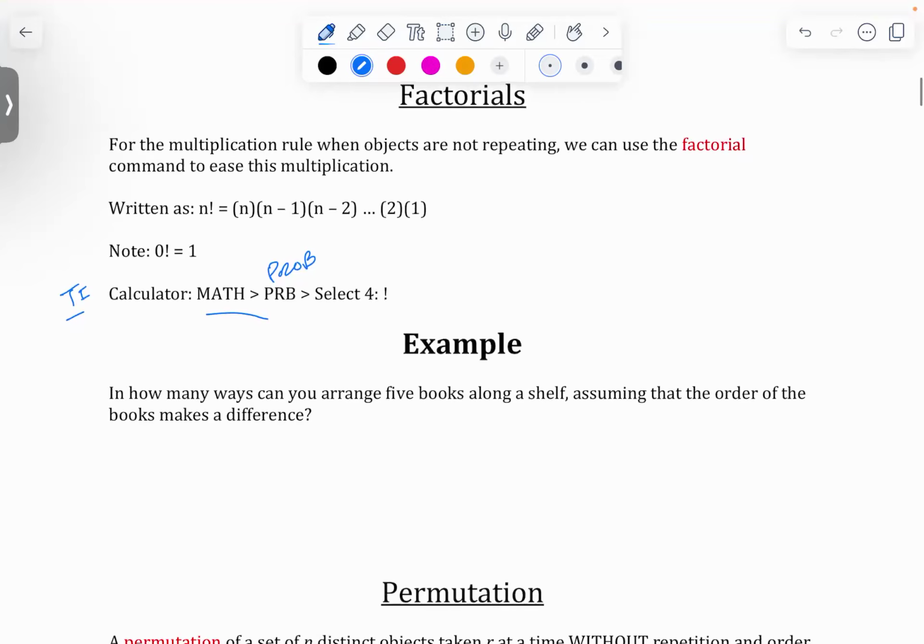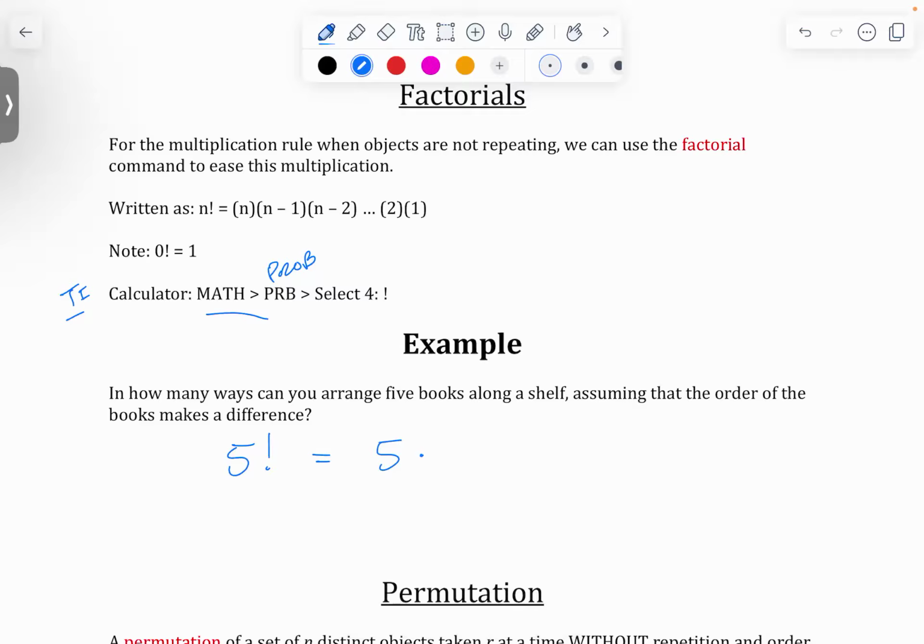For example, in how many ways can you arrange 5 books along a shelf, assuming that the order of the books makes a difference? Notice no repeats are allowed here because once you place a book, I can't place that same book again. This is why this is 5 factorial. The other way to do this: I have 5 books.